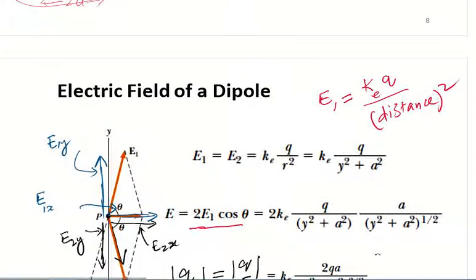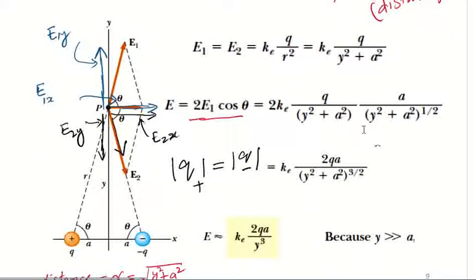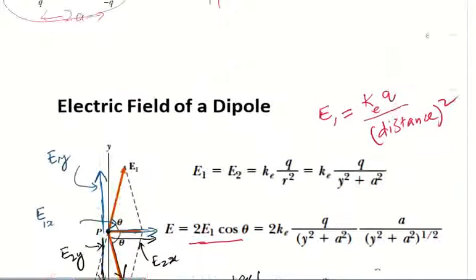Because this is distance squared, we have to write y square plus a square. So to write the value of E1, we just put it back here.